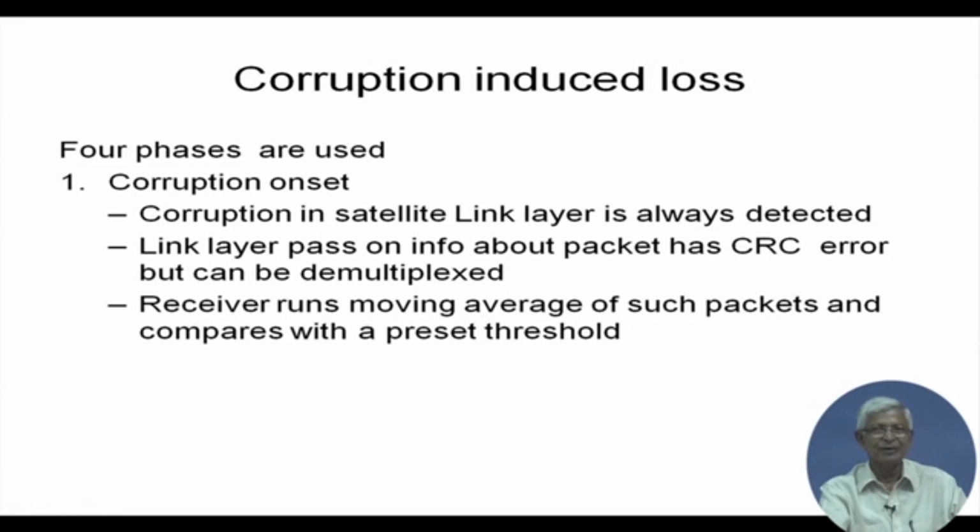So it runs a moving average, and of course it checks against a threshold. If it's a very sparse phenomenon, then it ignores it; it knows there is an error, but if it exceeds a certain threshold, it alerts that corruption onset is happening.